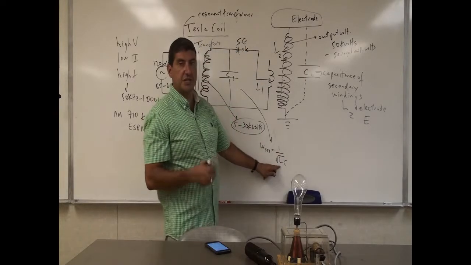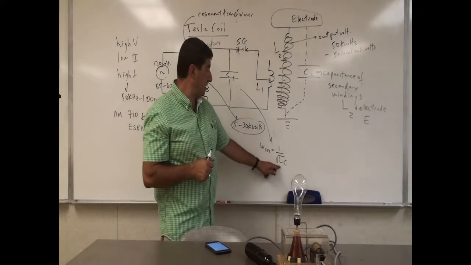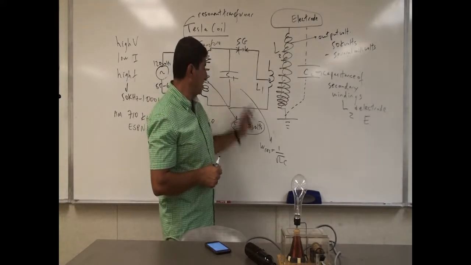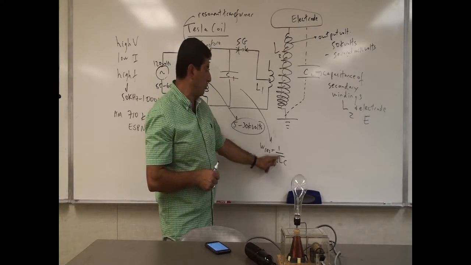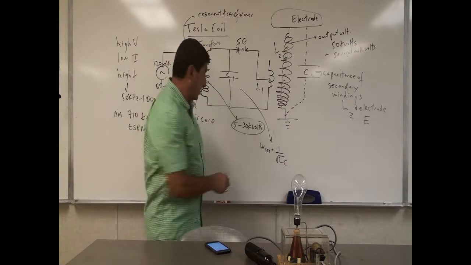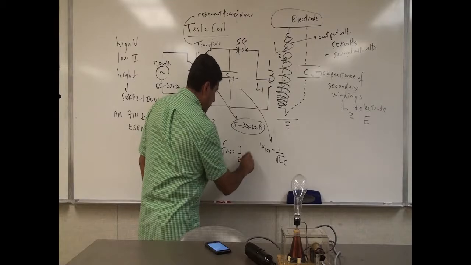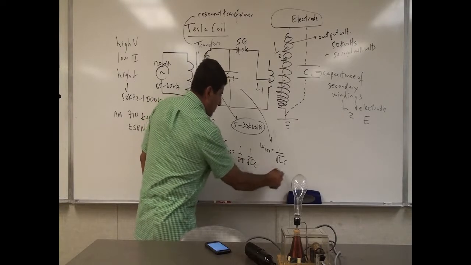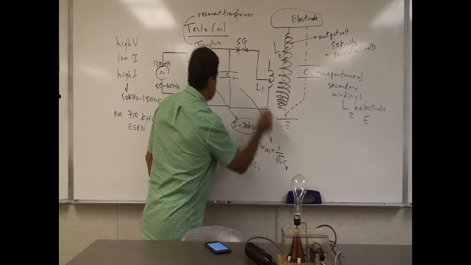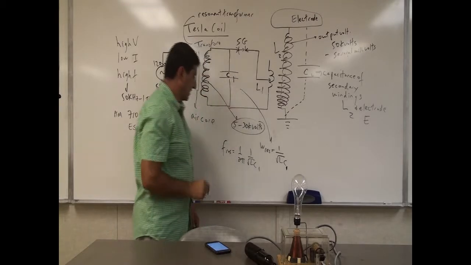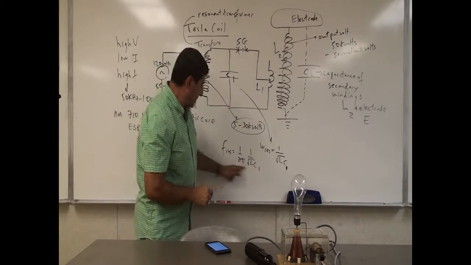We learned this in AC circuit theory, that when you have an inductor and a capacitor, they naturally resonate at 1 over square root of LC. And the frequency in terms of hertz is 1 over 2 pi times 1 over square root of LC. This is C1. Okay? So this frequency is going to be what?